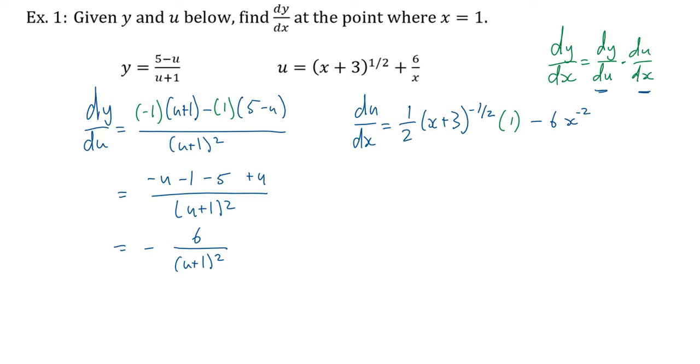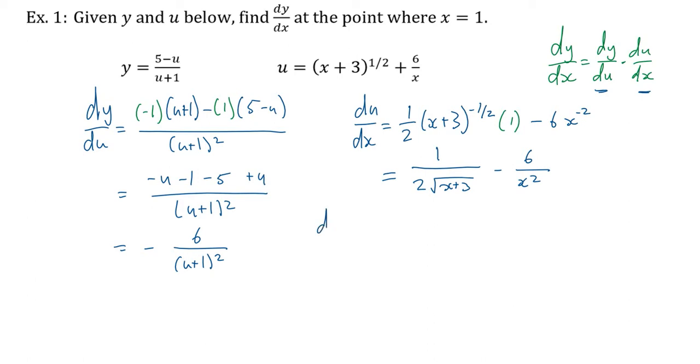Okay, and this might be one that when we are doing a lot of this, we can do in one step, but again, it's good to go back and review this properly. So this ends up being 1 over 2 root x plus 3 minus 6 over x squared. The only thing we have left to do, let's write this out.